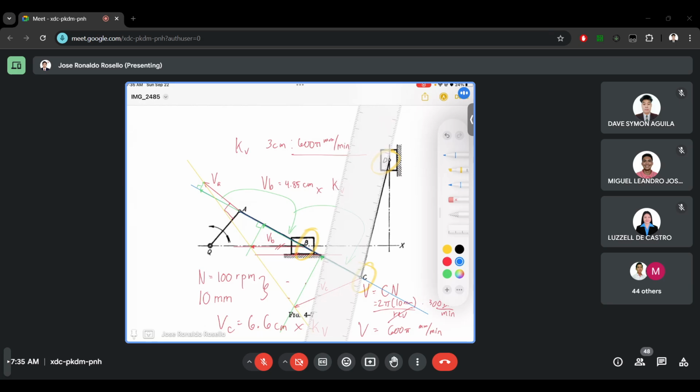The first step is to make a line connecting points C and D. Then we will make new components for velocity C for use with point D.